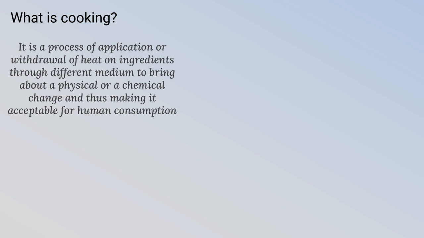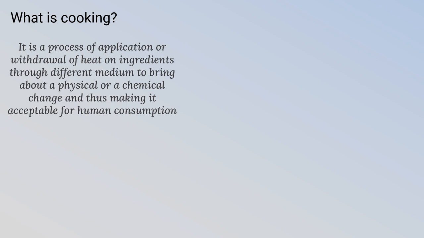It is a process of application or withdrawal of heat on ingredients through different mediums to bring about a physical or a chemical change, and thus making it acceptable for human consumption. As a whole, it is a very complete outlook on cooking. You can apply heat or we can withdraw heat from the product.